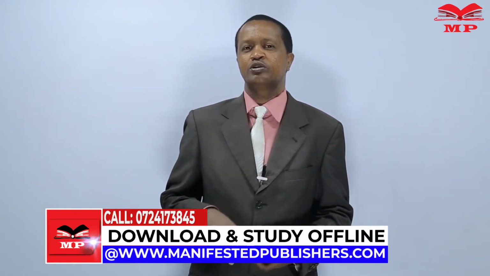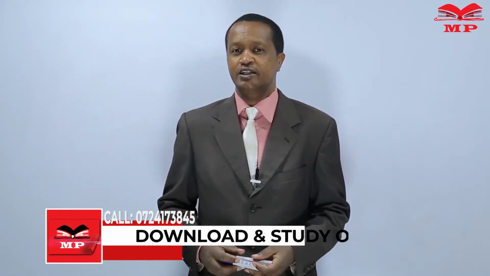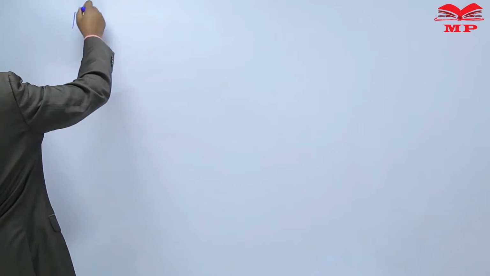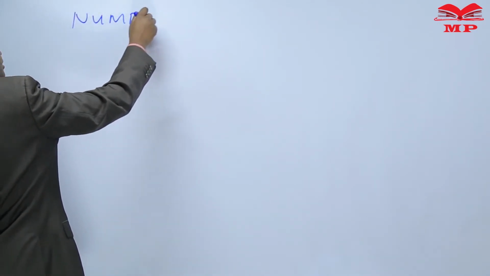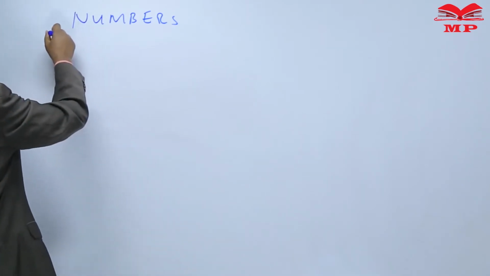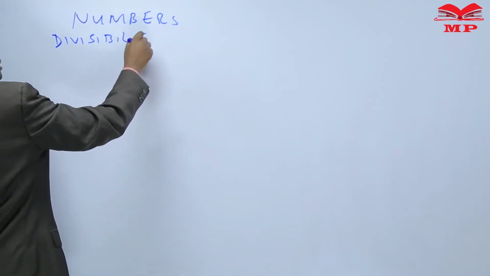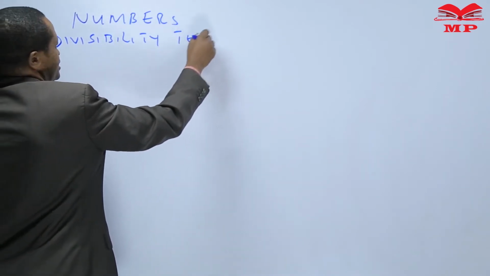In our last lesson, we carried out divisibility tests for number 3. Today we want to look at the divisibility test for number 4. The unit is numbers. We are studying the unit known as numbers and the subunit is divisibility tests.